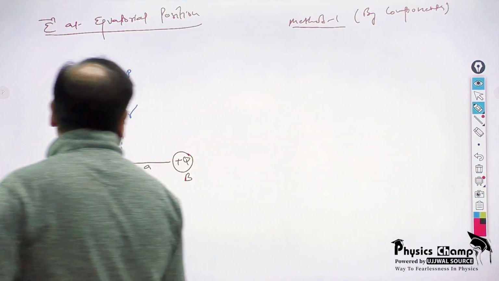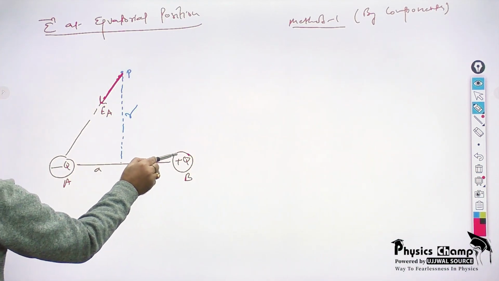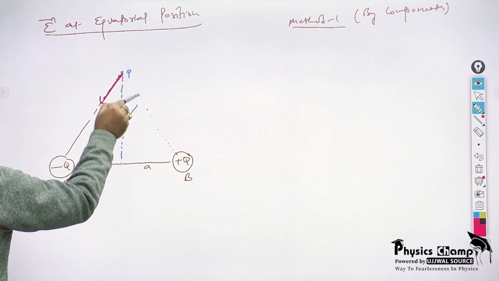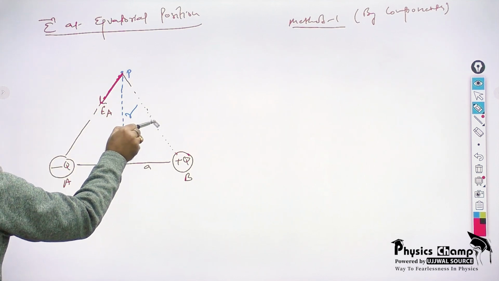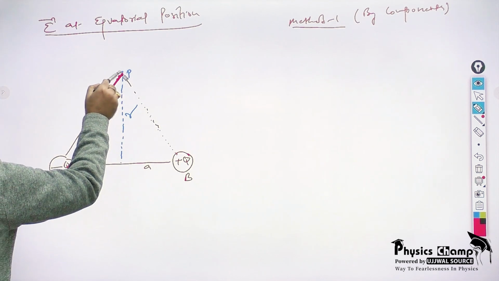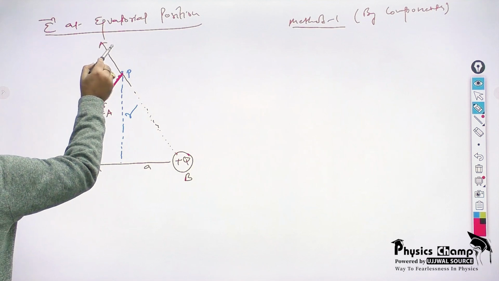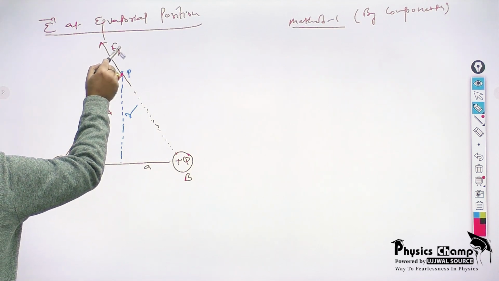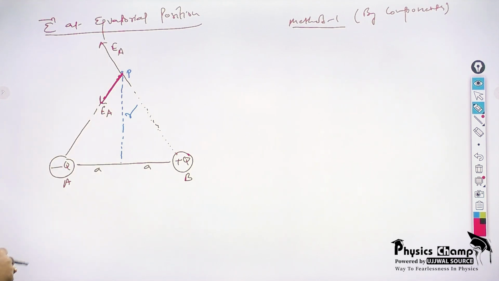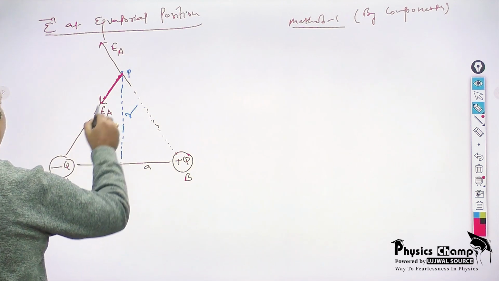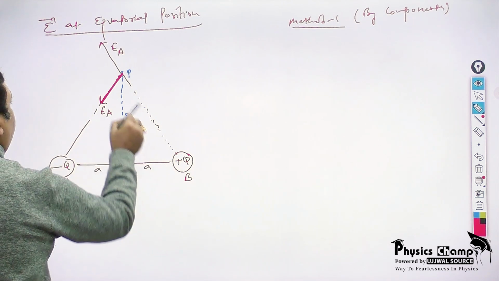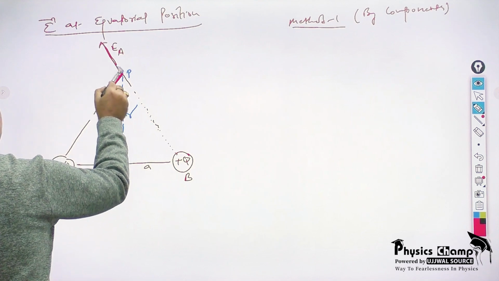And then due to this positive charge B, there will be an electric field at point P which is away from it, EB. So the two electric fields at point P are EA, due to this negative charge, and EB, due to this positive charge.